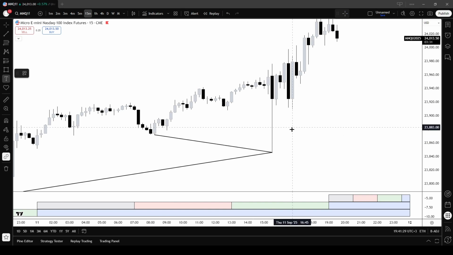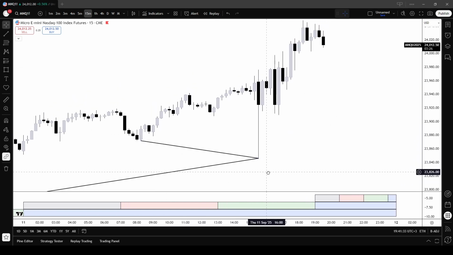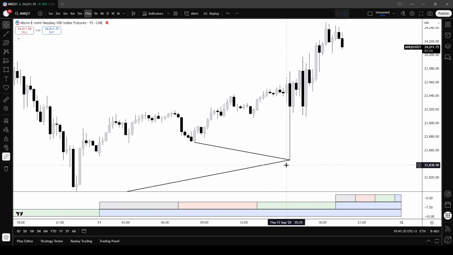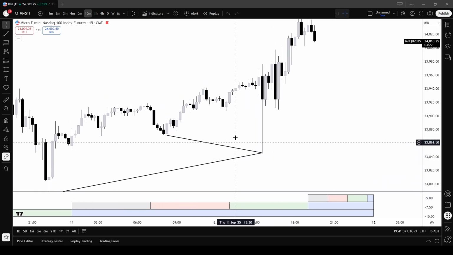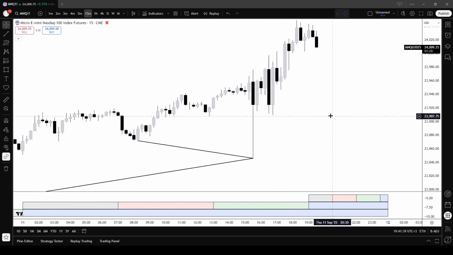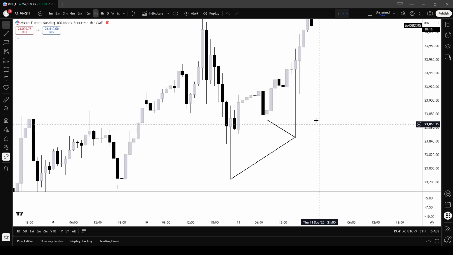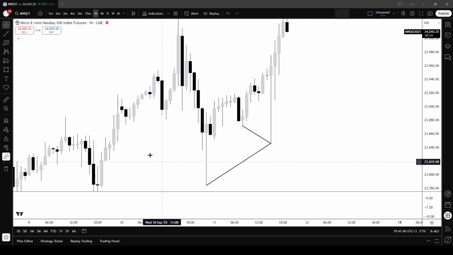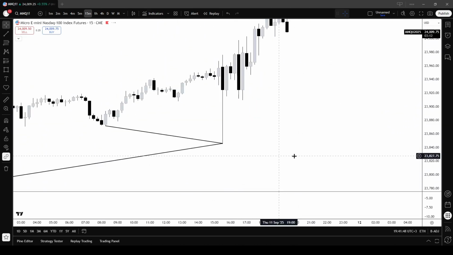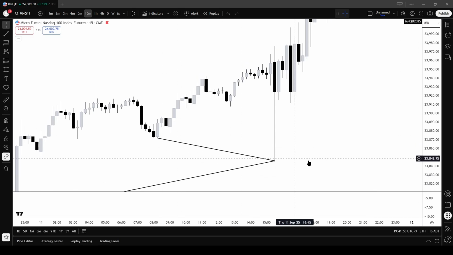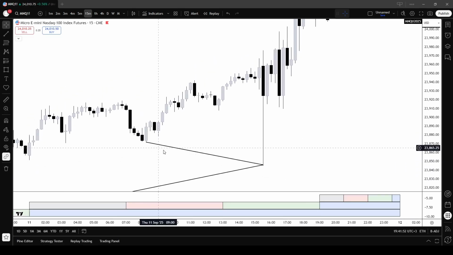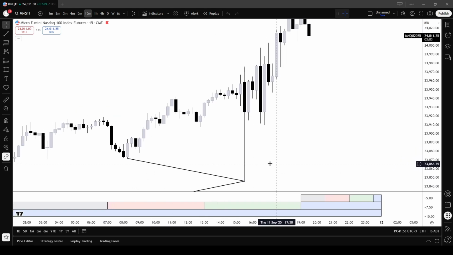If you have daily and weekly SMT, it's very powerful that the price will go in the direction they're showing. So I think no, we didn't have any liquidity taken, we just had bullish. So let's go to the 50 minute. As you can see here, we had SMT, like I said before, between London and New York.